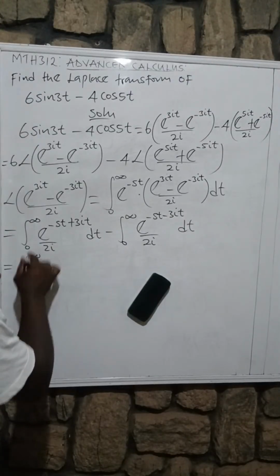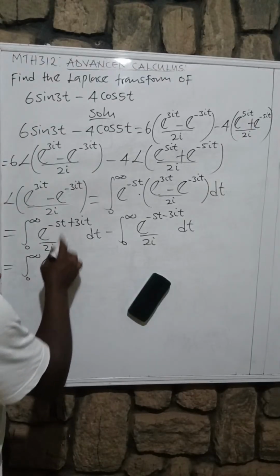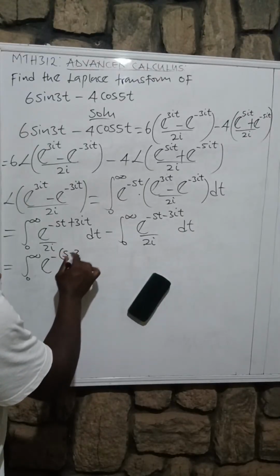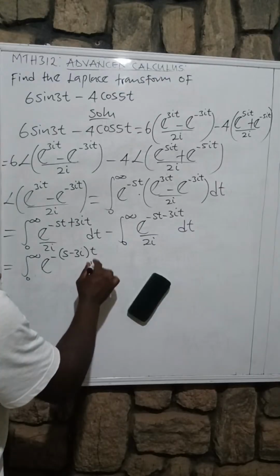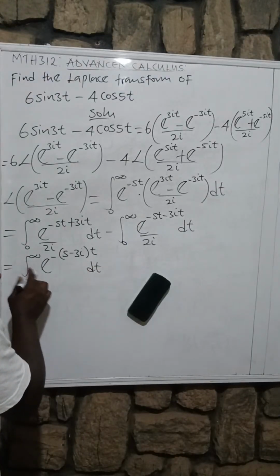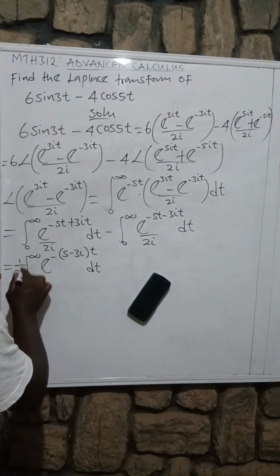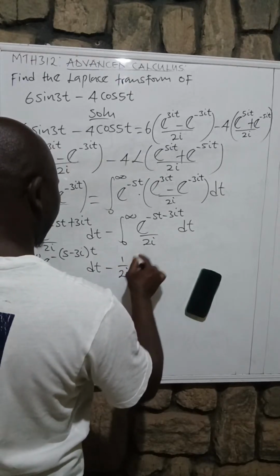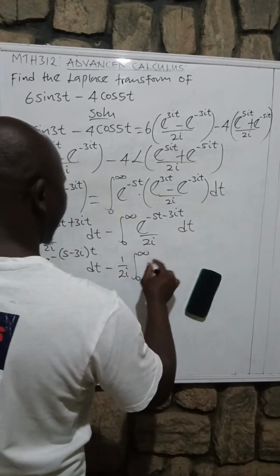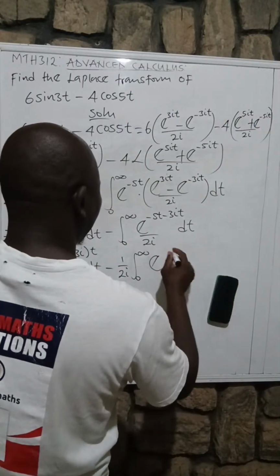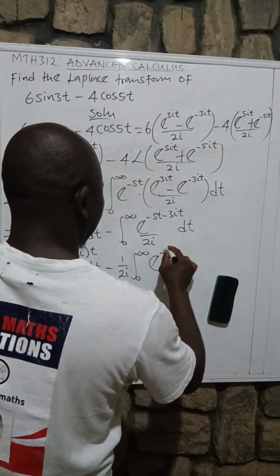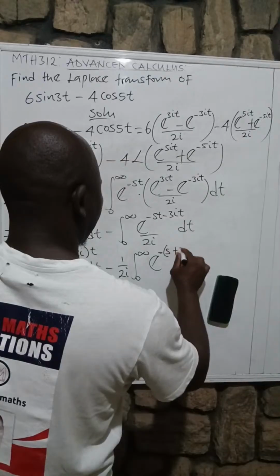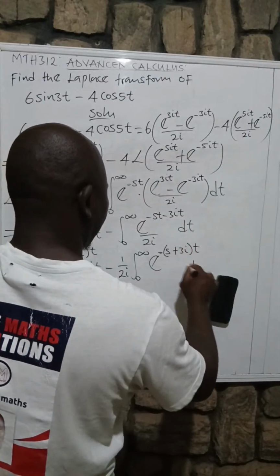So this is equal to the integral from 0 to infinity of exponential minus open bracket s minus 3i close bracket t dt. We can factor out 1 all over 2i, then the same thing minus 1 all over 2i, factor it out, the integral from 0 to infinity of exponential minus s plus 3i t dt.